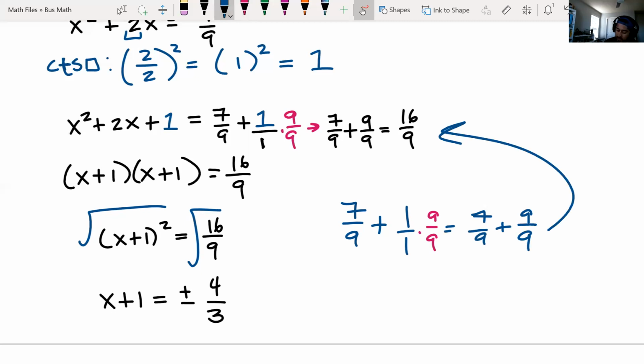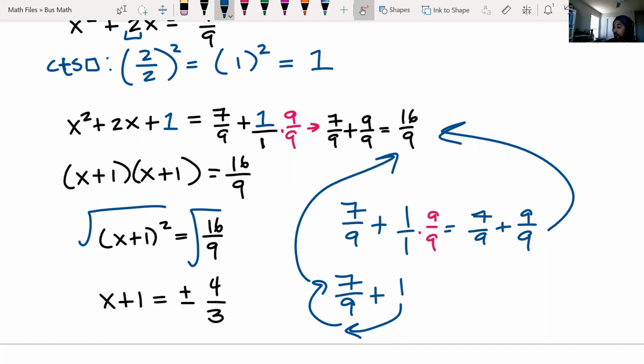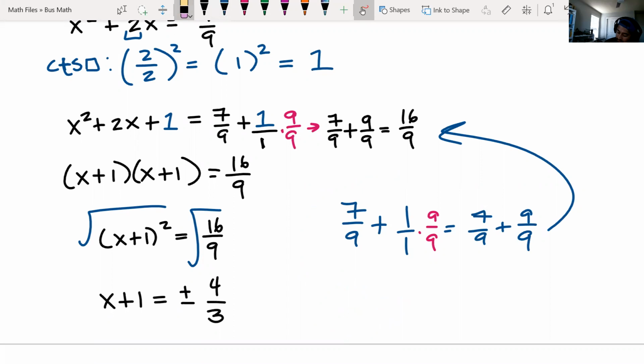Or if you like the other fraction trick, which I like a lot better, but you have to understand fractions to get it, you say 1 times 9 is 9, and then 9 plus 7 gives you 16. Therefore, you get 16/9, which is a lot faster. But again, you have to definitely understand how to work fractions to get there.